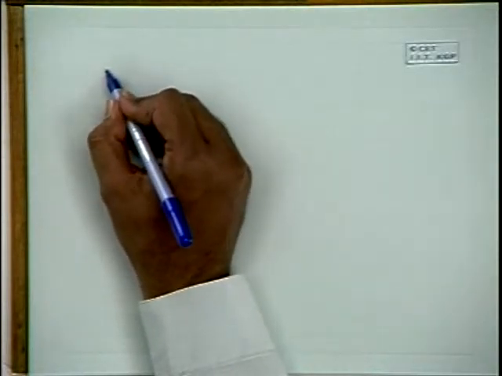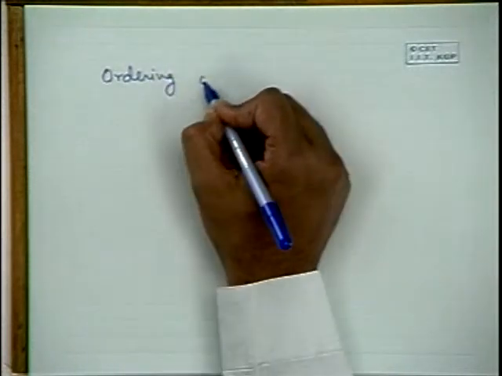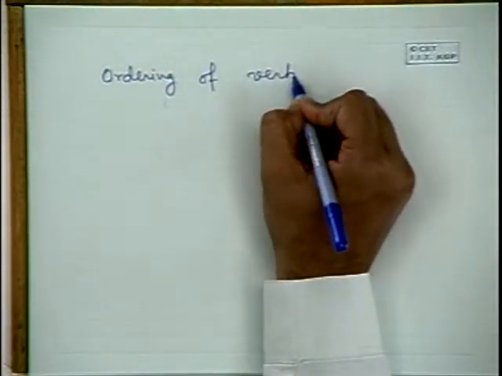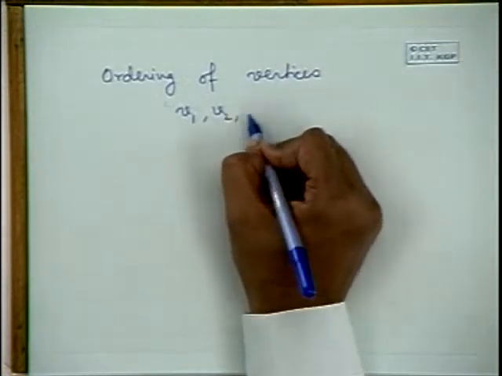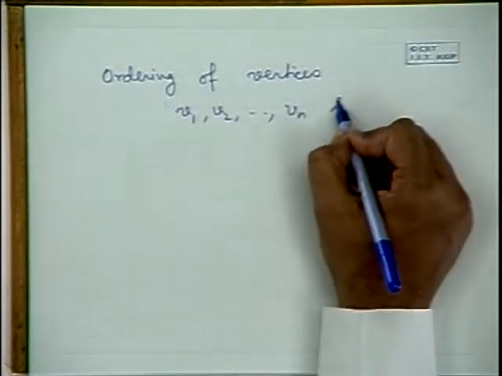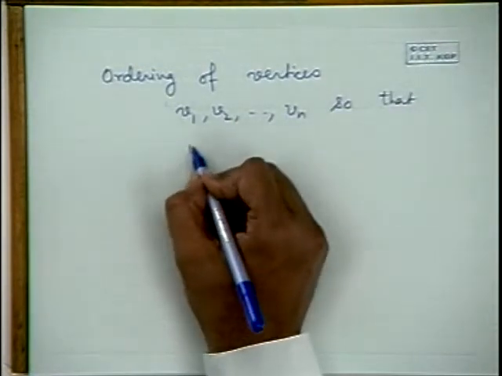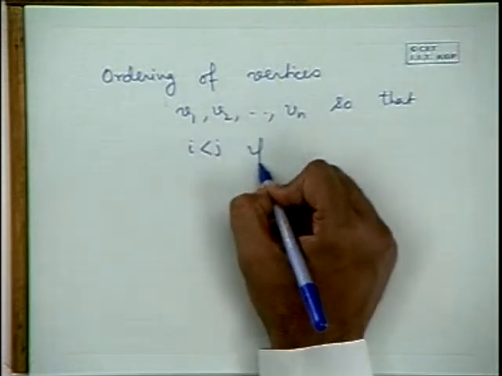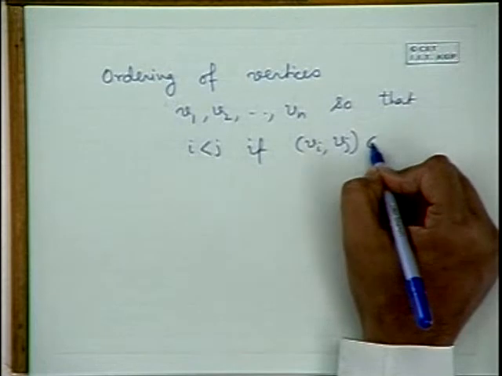is an ordering of vertices V1, V2 up to say Vn, so that i is less than j if (Vi, Vj) is an edge.